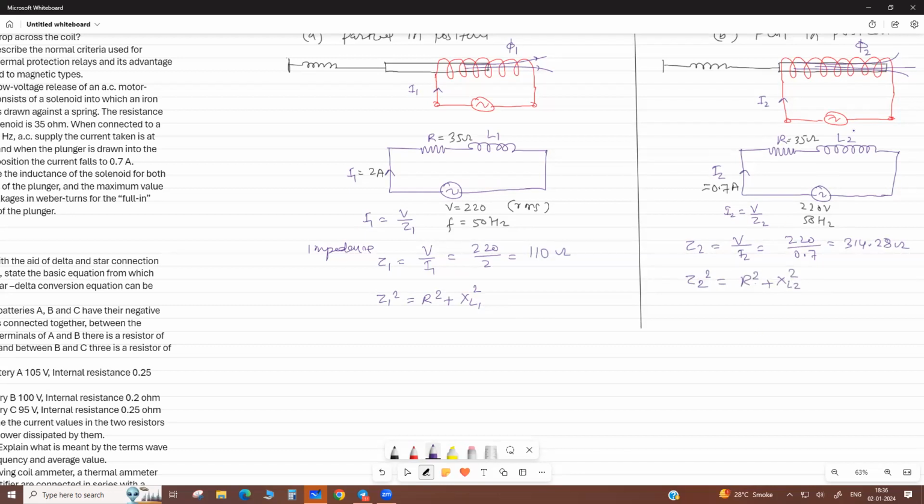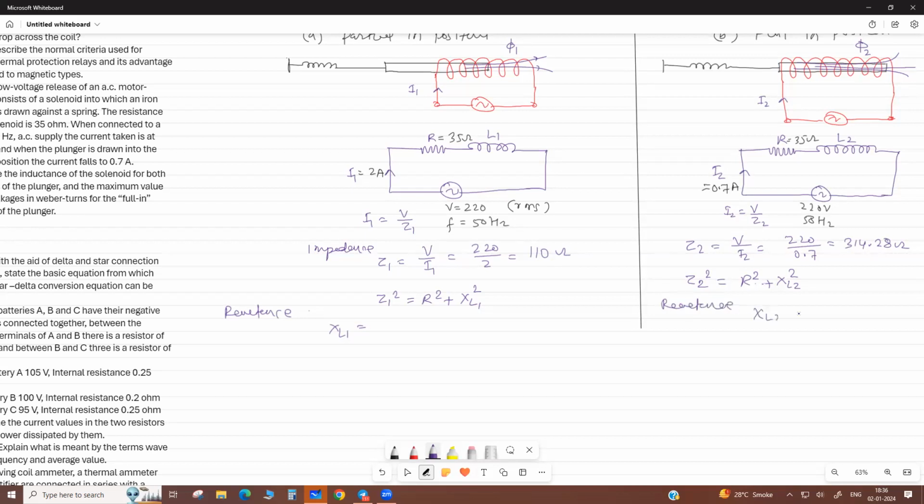XL, so here L1, L2. So what is the XL? We can calculate their XL1, the reactance of the coil. Here also reactance.